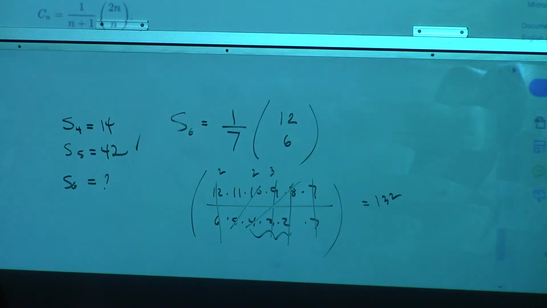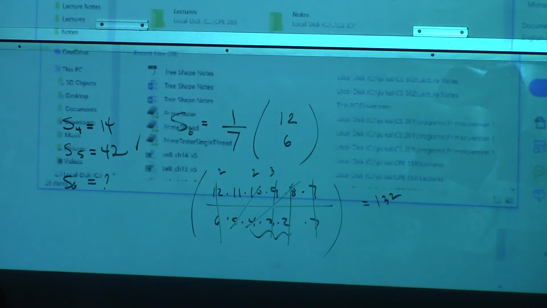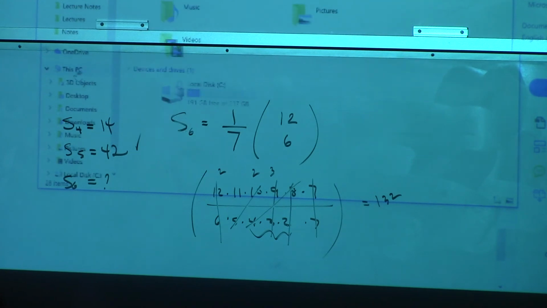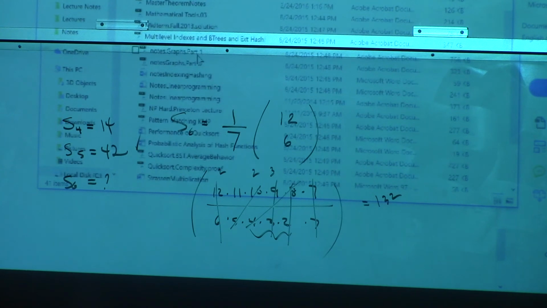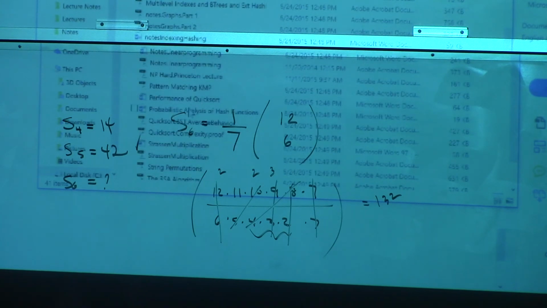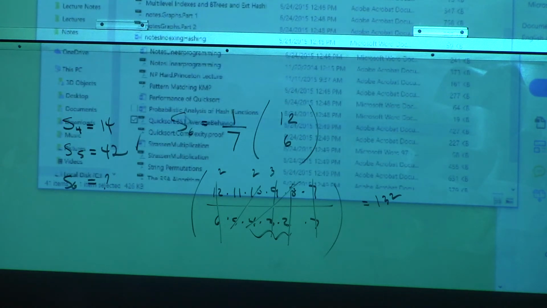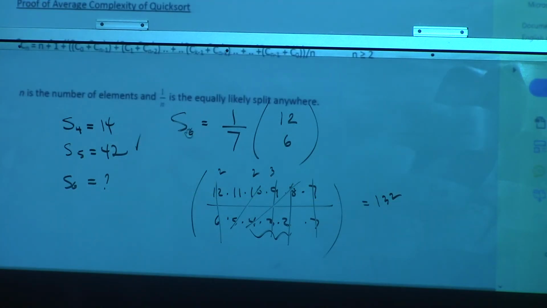So what I did want to look at with you guys is to go back to the previous one.